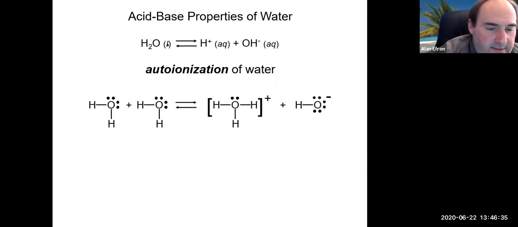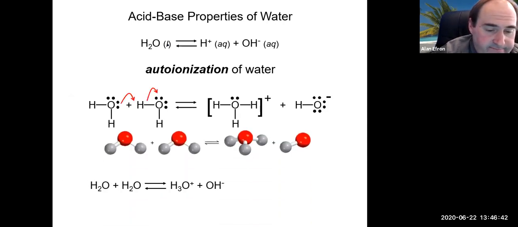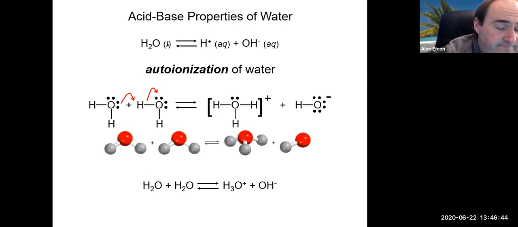Now, water is interesting. It could actually react with itself. So in one case, one water would be the acid, and in one case, one water would be the base. In this case, this is going to be our acid as it's losing its H plus.